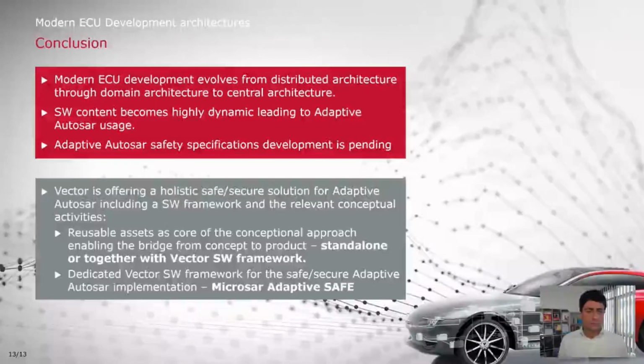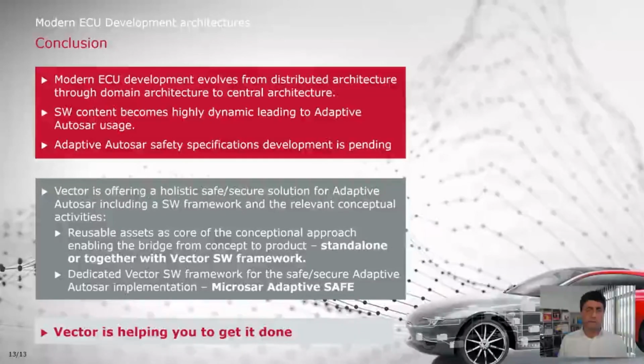So Vector is offering here a holistic, safe and secure solution for the adaptive Autosar implementation, including the software framework on the one side and also the relevant conceptual activities on the other side. So we saw our reusable assets, and this is the core of our conceptual approach, providing the bridge between the concept and the product.